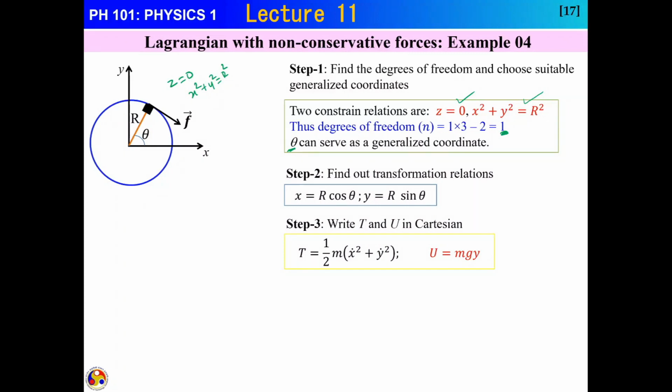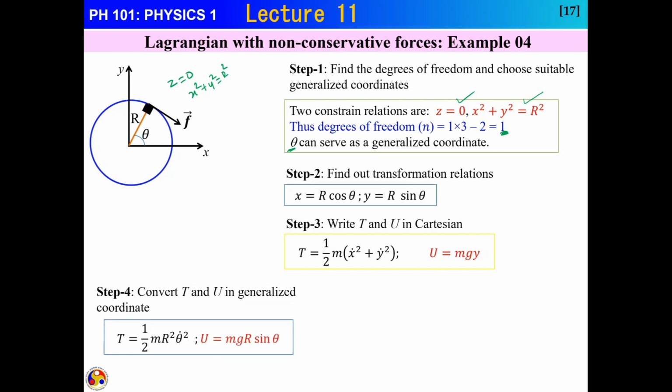And now you go back and have it with the generalized format. So we know x, so find x dot square, y dot square and put it up so that you can come back with all the explanation. So the T and U in generalized format will turn out to be, for which the Lagrangian can be written in this functional format. There's no issue with that.